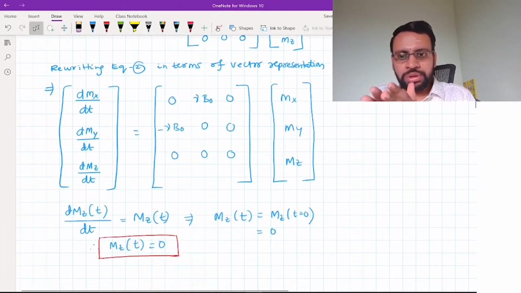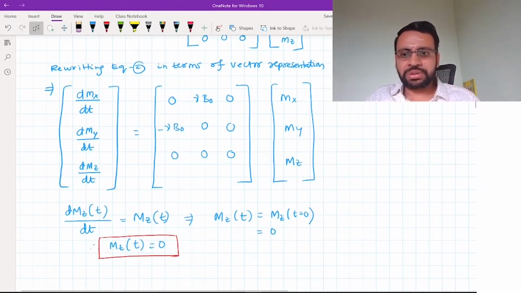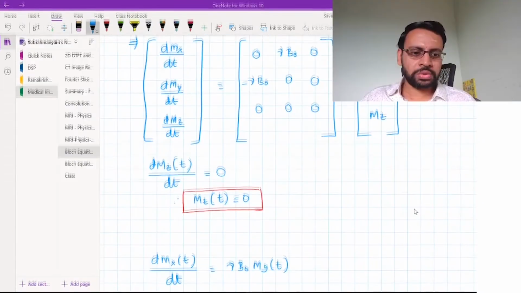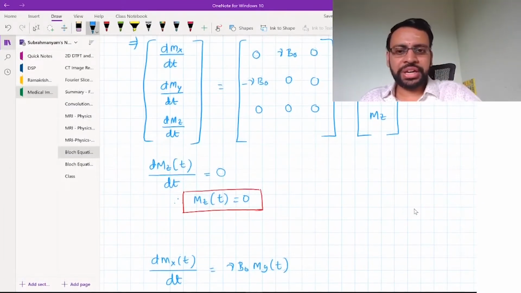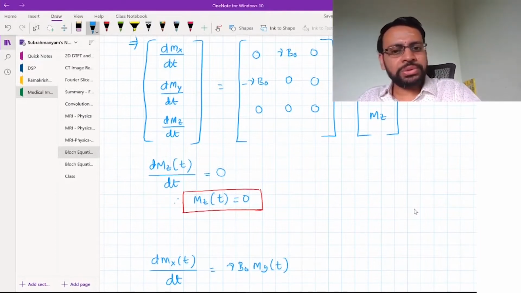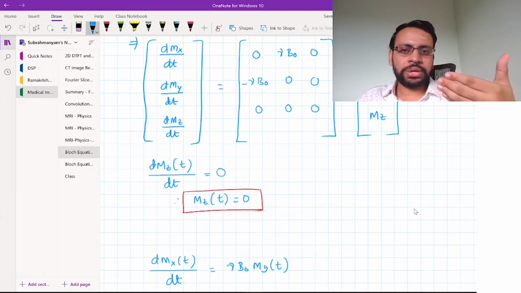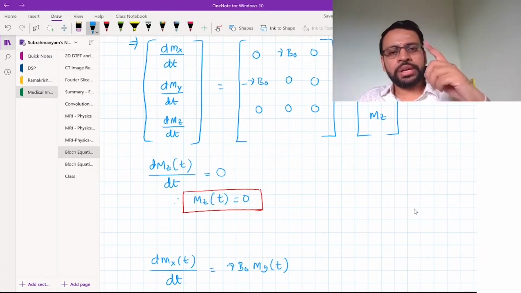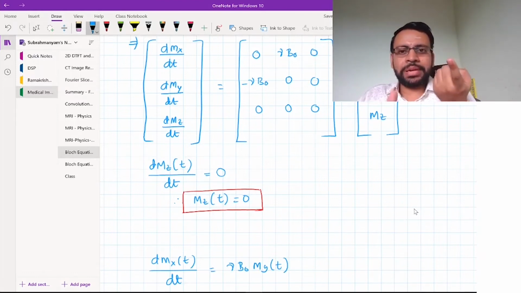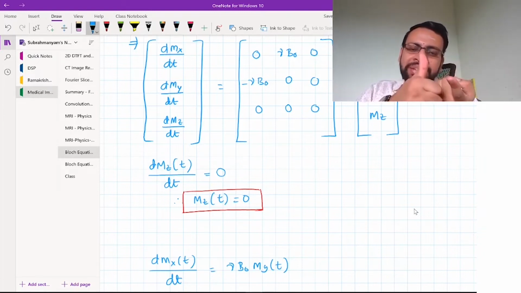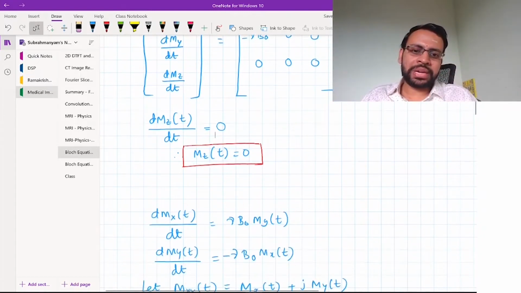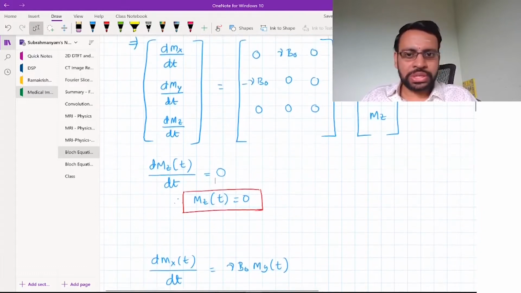Now you could see them as three equations. Now you take each multiplication. For example, you take the last row, sorry, made a small correction here, dMz by dt equal to 0. So your Mz of t is going to be 0, since you are assuming that this is already in the xy plane and there is no T1 relaxation happening, so Mz of t equals 0.